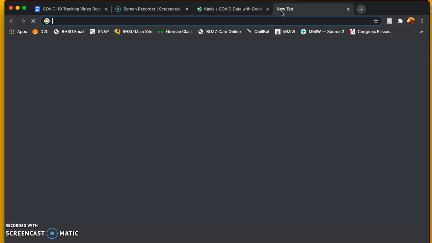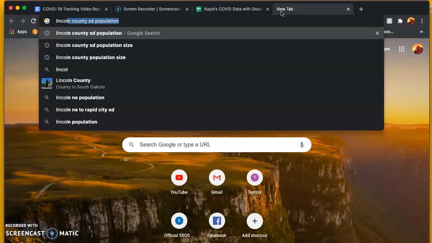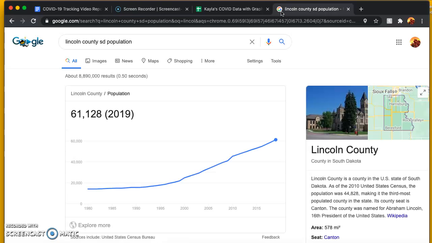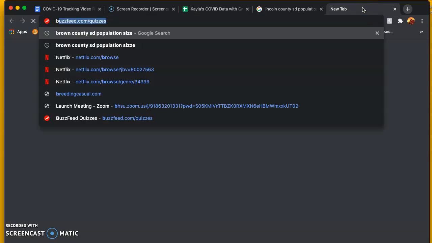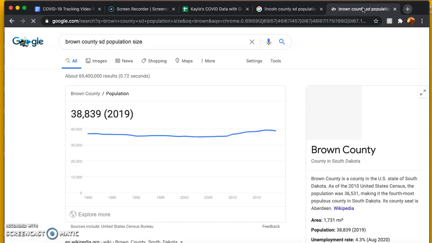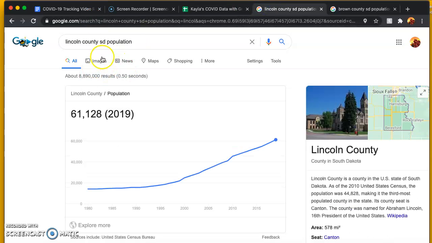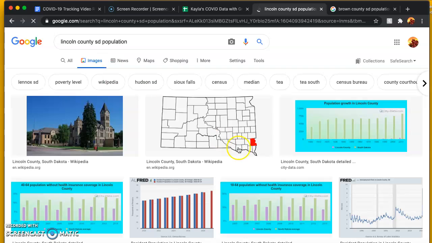Let's take a look at Lincoln County's population. So Lincoln County has 61,000, and Brown County 38,000, which is, well, Lincoln County is actually the smaller county in size.